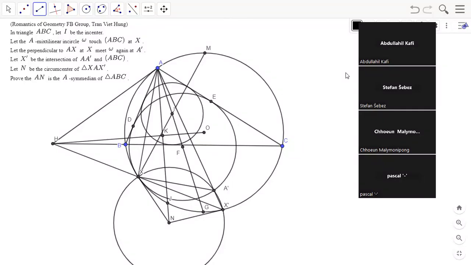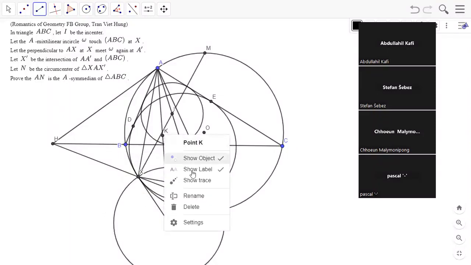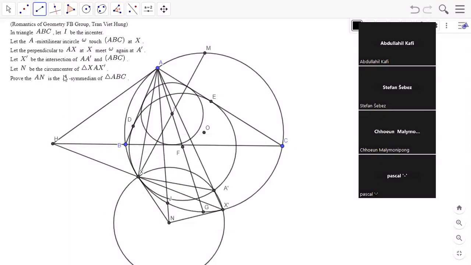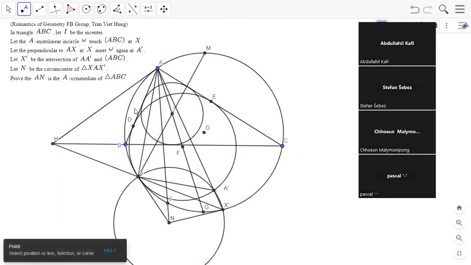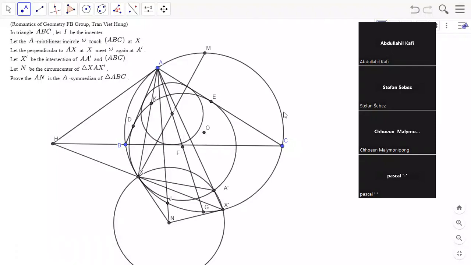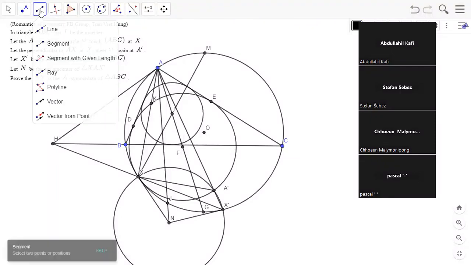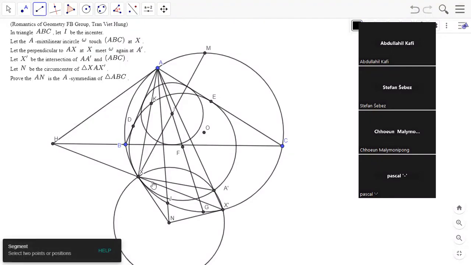Yeah, you're right. So I had a different idea, which kind of looks good. If we intersect AX with the mixtilinear incircle again, then we would just have one trivial collinearity. That is A prime, F, and K, just because we have a 90-degree angle.